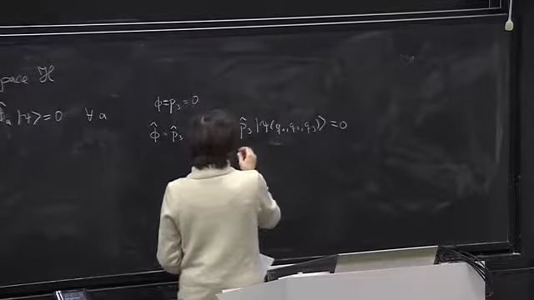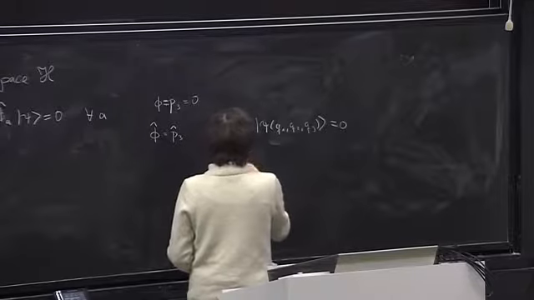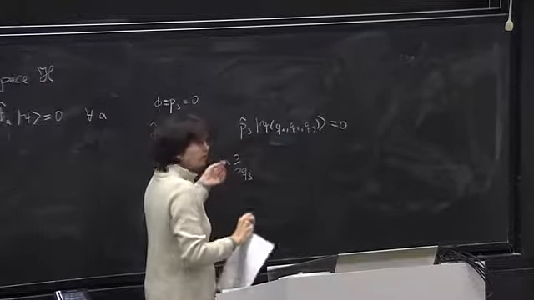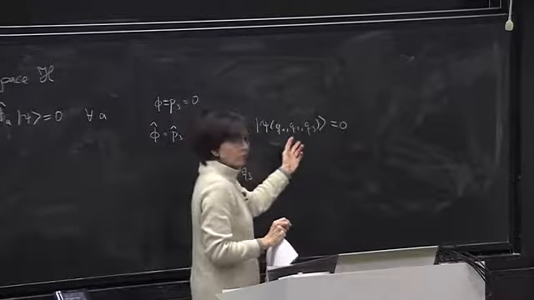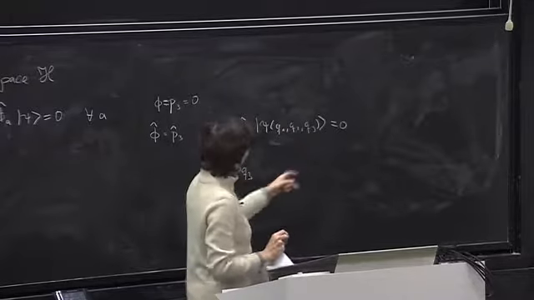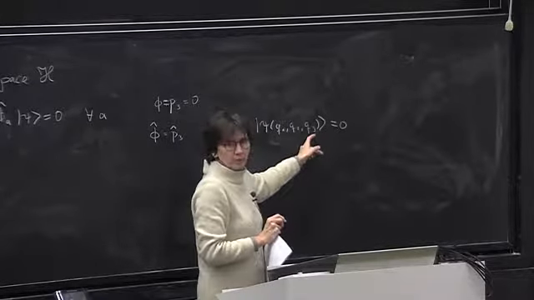This is, of course, proportional to d by d Q3, this operator. And then it would just tell you the physical wave functions are those which are constant or do not depend on Q3.